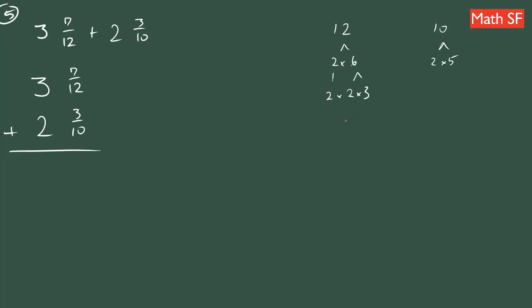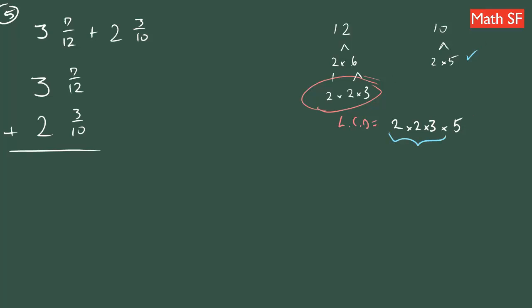So my LCM or my LCD for this particular case should be, well, let's pick one list here. So that will be 2 times 2 times 3. Now, is this 2 times 5 included here already? Well, I have a 2, but I don't have a 5, so let's add that 5 there. So now I have that included. Therefore, my LCD is 2 times 2 times 3 times 5.